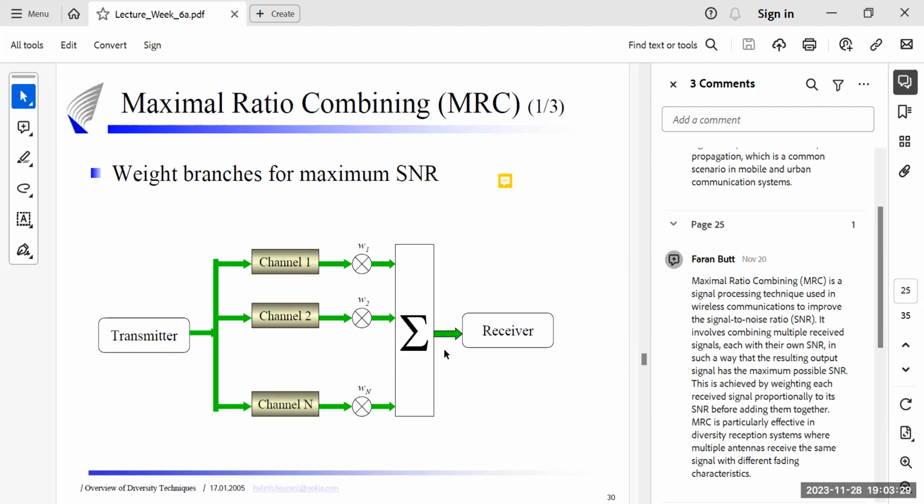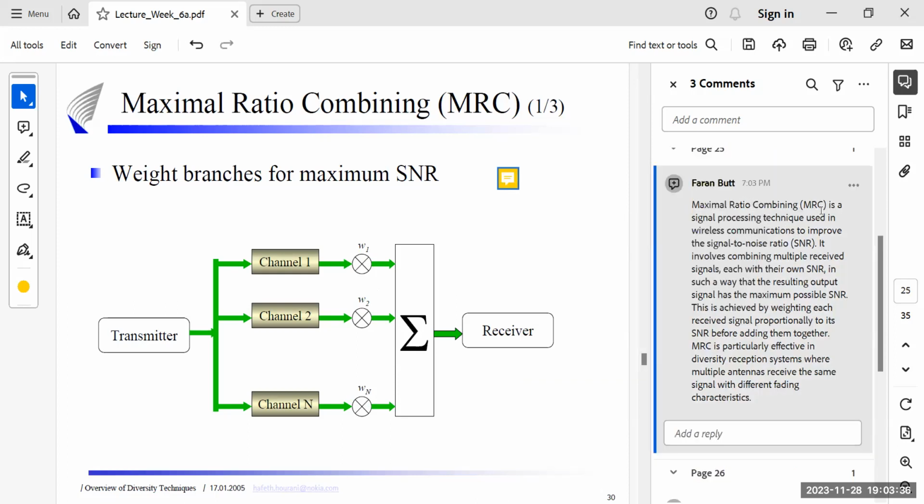And then we combine them by summing them, and that is being fed to the receiver. Maximal ratio combining is a signal processing technique used in wireless communication to improve the signal to noise ratio. It involves combining multiple received signals, each with their own SNR, in such a way that the resulting output signal has the maximum possible SNR.